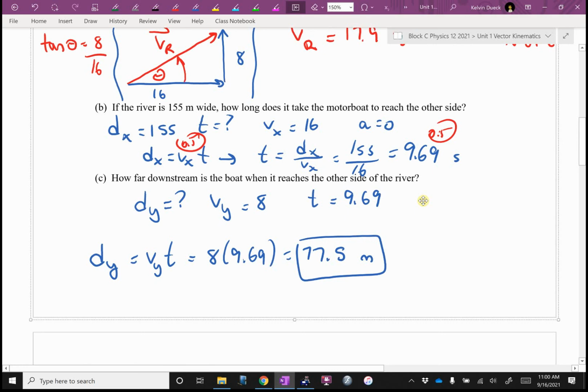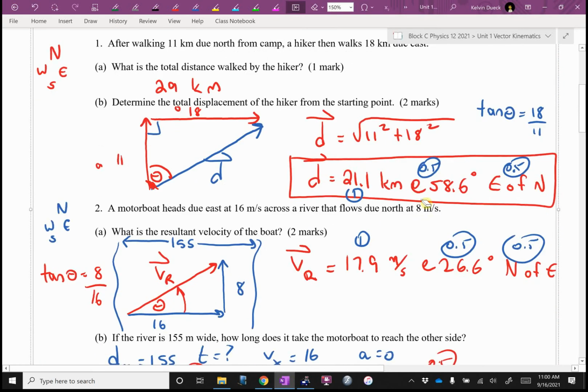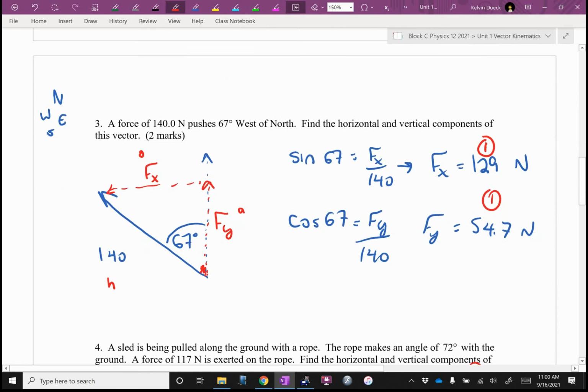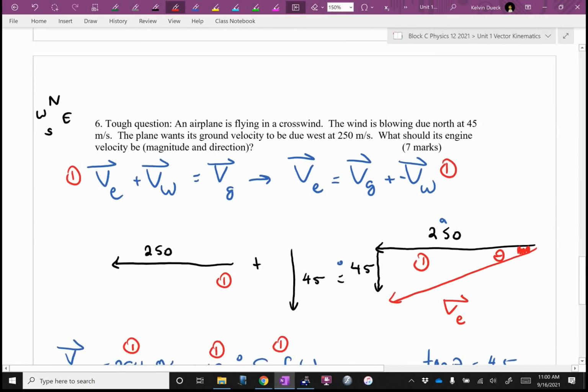If you didn't use your answer button, you're probably going to be like 77.4 or 77.6 or something like that. Anybody else? Yeah. Sorry? 1. So unless it says 2 marks, assume 1. 1, 2, 3, 4, 5, 6, 7, 8, 9, 10, 11, 12, 13, plus 7, 20.